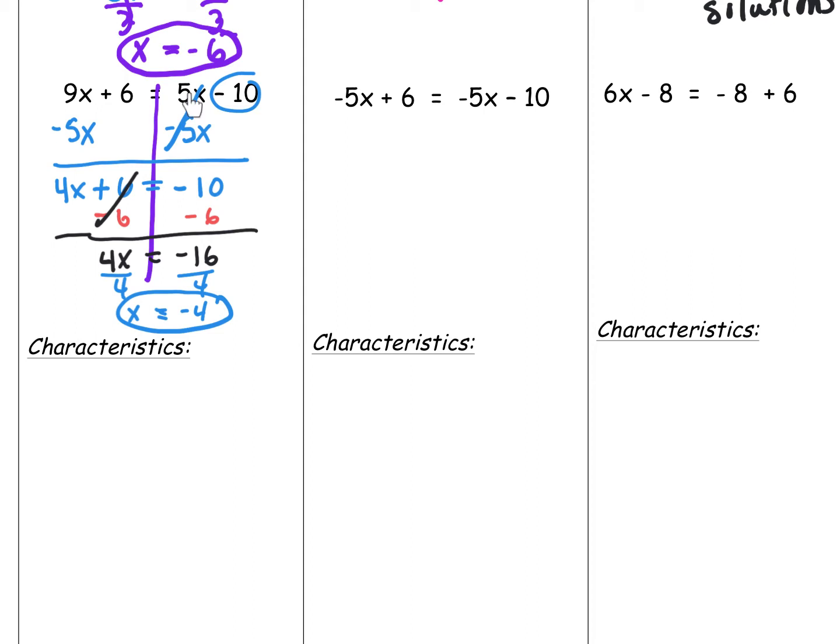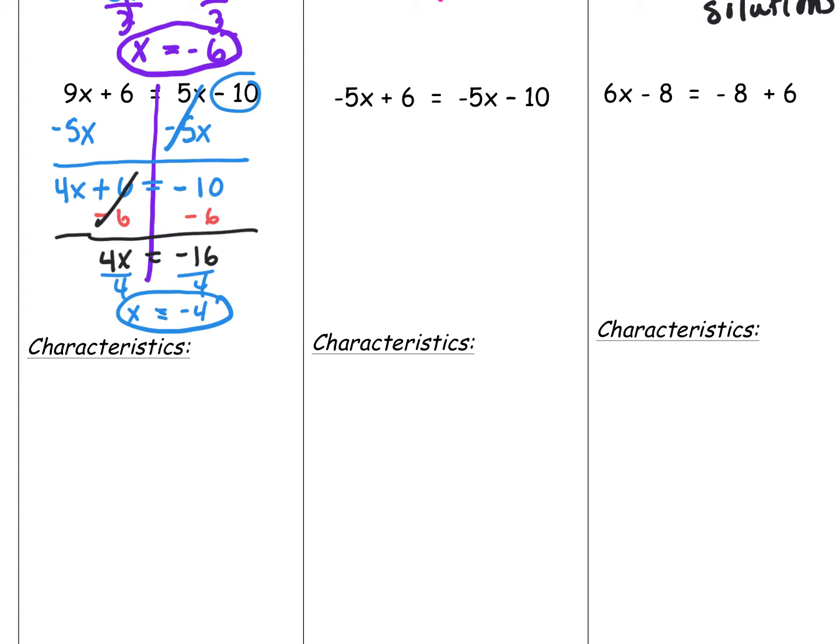On the other side, if I take 5 times -4, if I substitute -4 where the x is, that would be -20. -20 minus 10 would also give me -30. And so both sides would be equal. However, this is the only number that I could substitute for x that would make both sides remain equal. So that's the one and only solution.